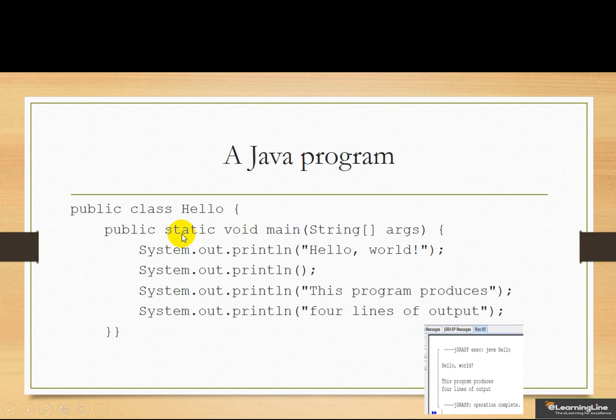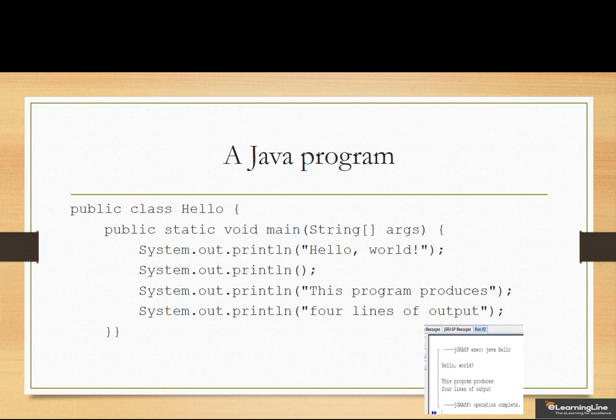Now let's go ahead and try to run this program. In the next lecture, we are going to download Eclipse and then go over this program, right? But for now, there are a lot of online compilers that are available.